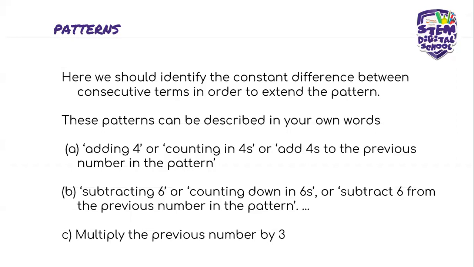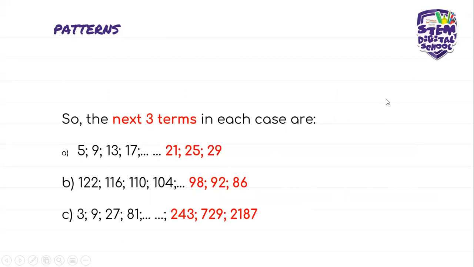And the last one, of course, we said that you have to just multiply the previous number by 3. So if you multiply the previous number by 3, you get the next term. And that's how we have observed our patterns. So the next step, of course, is to just demonstrate, just to check whether your answers are correct. Yes, your answers are definitely correct.